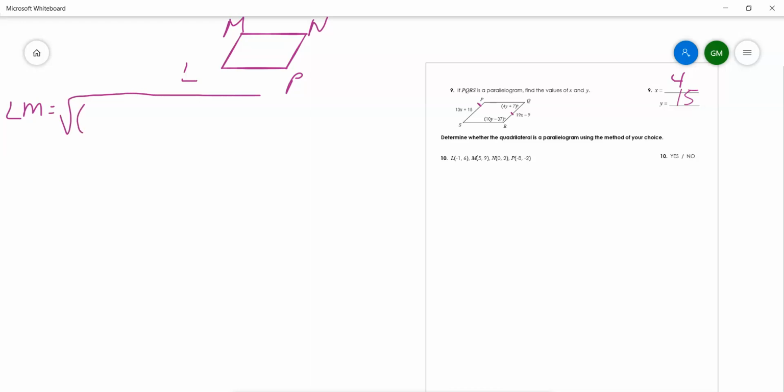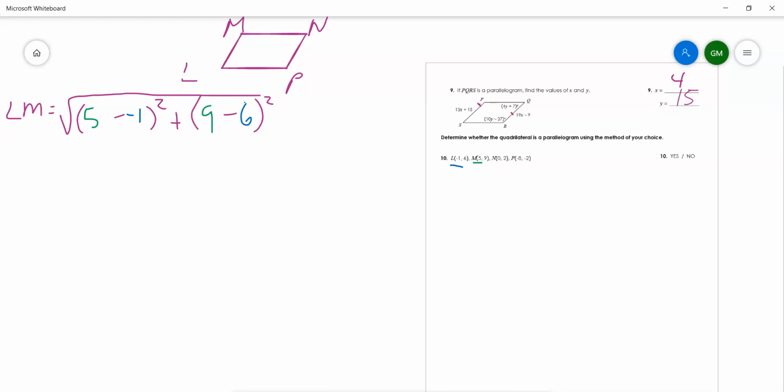So our formula is x1 minus x2 squared plus y1 minus y2 squared. Okay, and I'm going to do my L's in blue, my M's in green. All right, so we got -1, 6, and then 5 and 9.